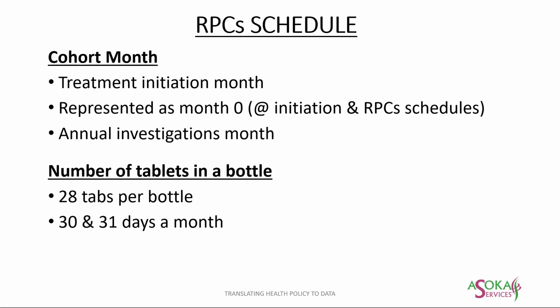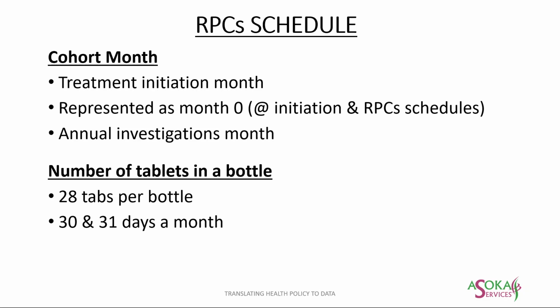Now we need to keep in mind that in the bottle we have only 28 tablets. And in the bottle, as much as we have 28 tablets, that means we will always be short of 2 days or 3 days in a month.